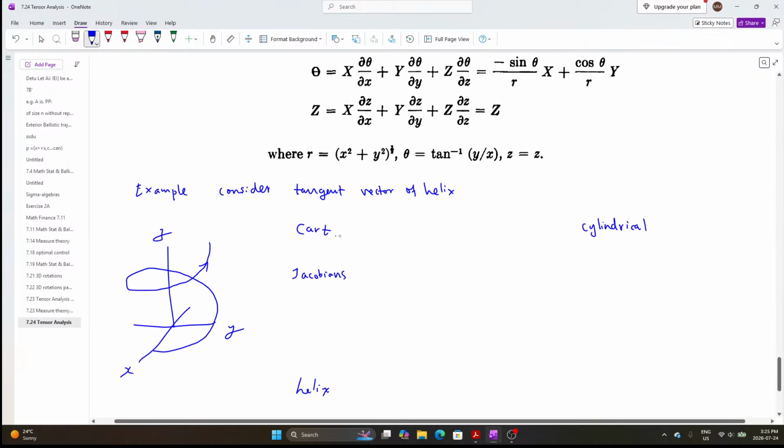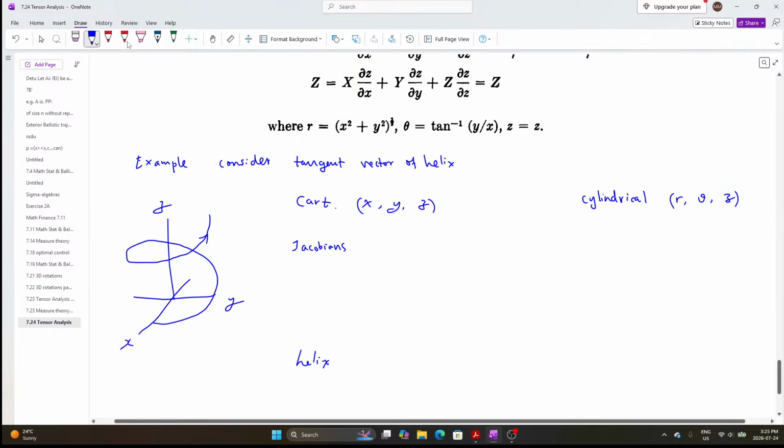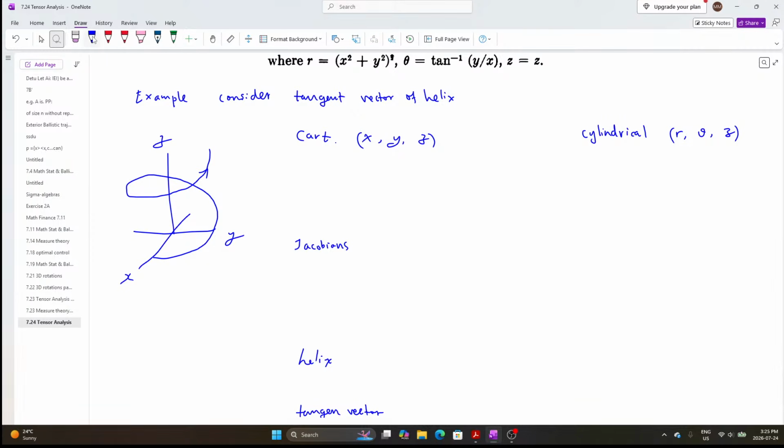So Cartesian coordinates are little x, little y, little z. Cylindrical is r, theta, and little z, all right? First of all, we need the transformation, not the Jacobian. How can I forget that? Transformation of coordinates.